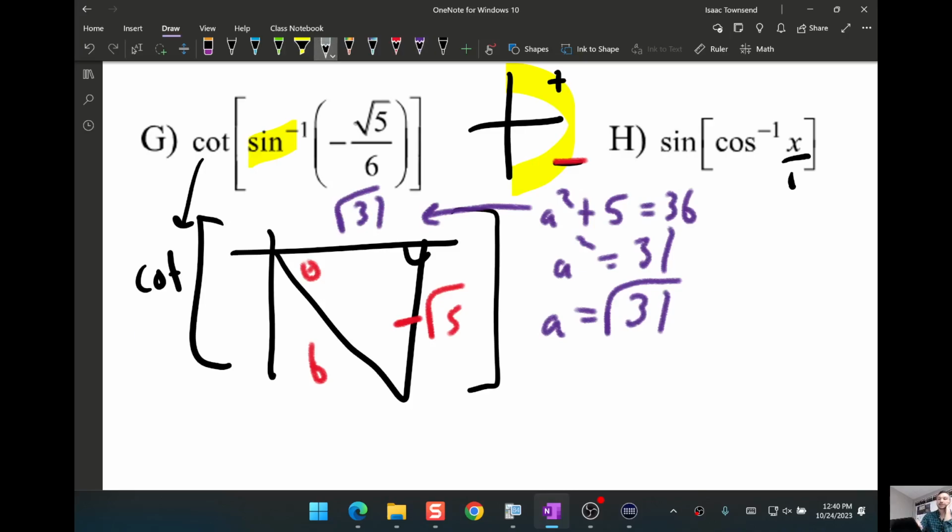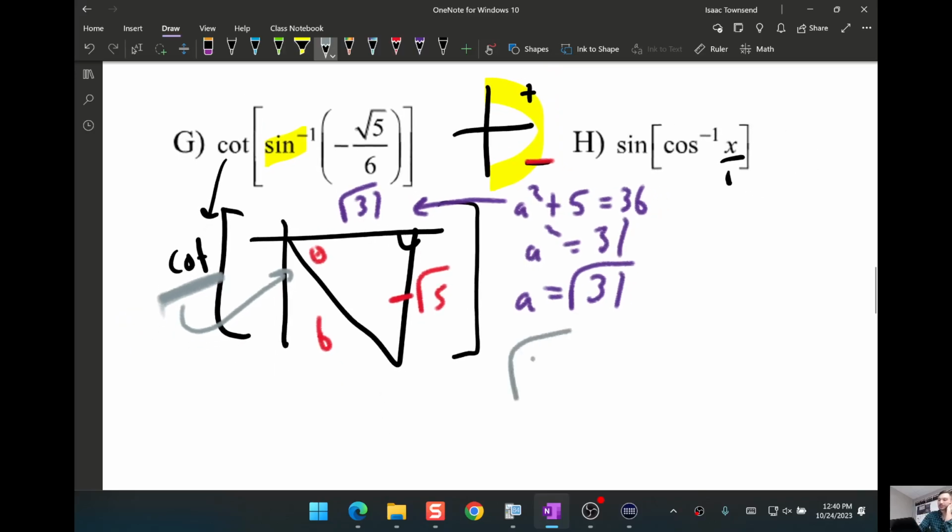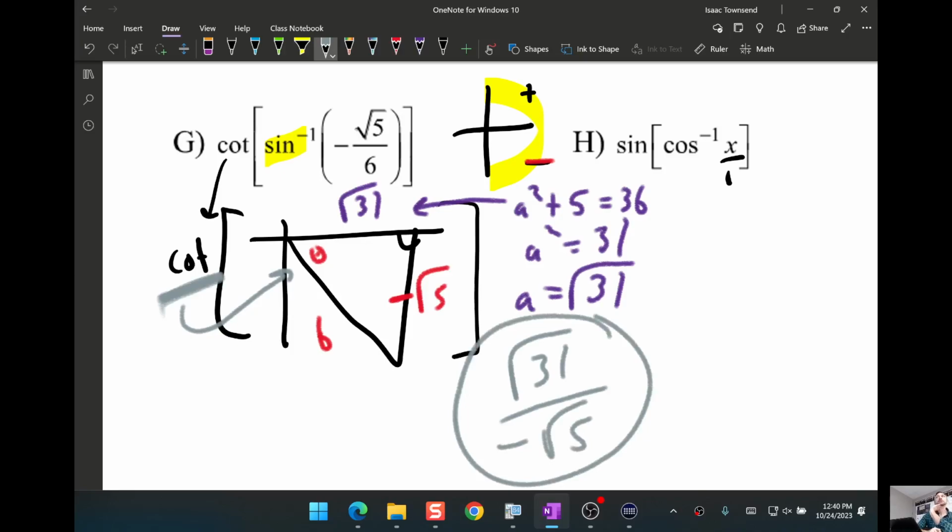And then finally, SOHCAHTOA one more time. At the end of the day, I wanted to know what's the cotangent of that angle, and cotangent would ask you to put adjacent over opposite.